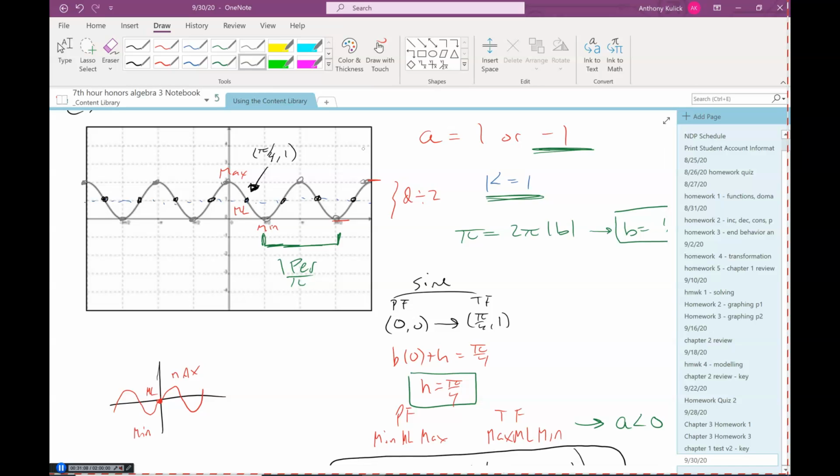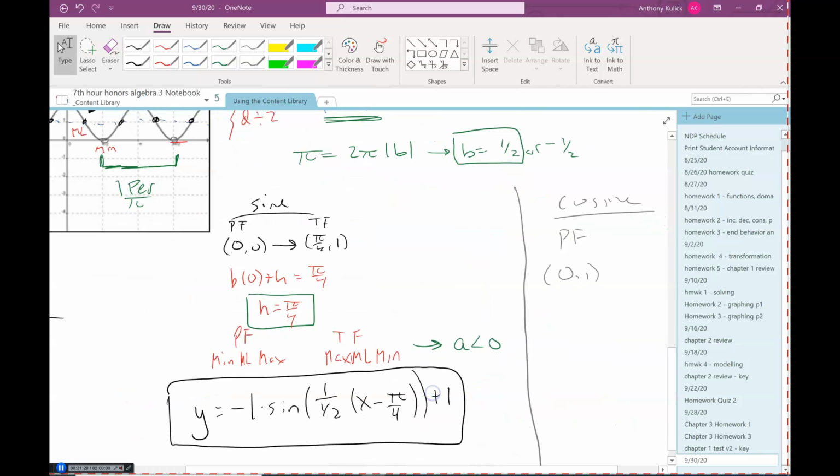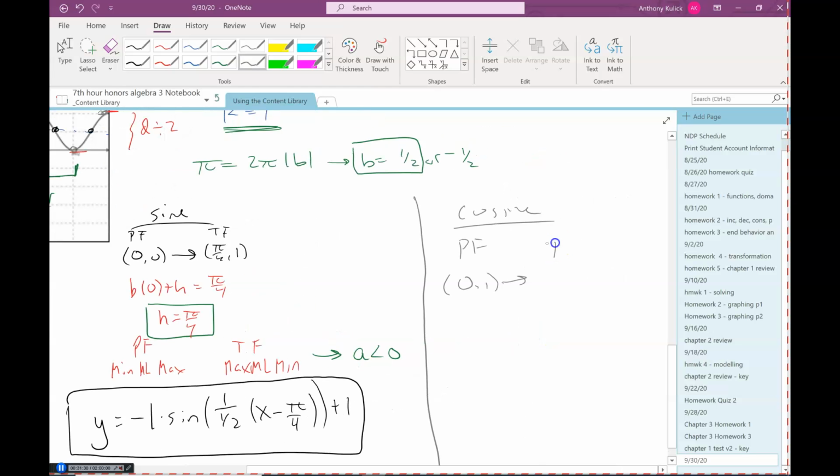Which one of them seems like it's going to be the easiest to use? I would choose this one. What do you notice about the x-coordinate of this one and the x-coordinate of our parent function? They are the same. So that tells me immediately that h has to be 0, since there's been no shift left or right. Our maximum is still at the same x value. Is that clear why I was able to skip doing anything there?